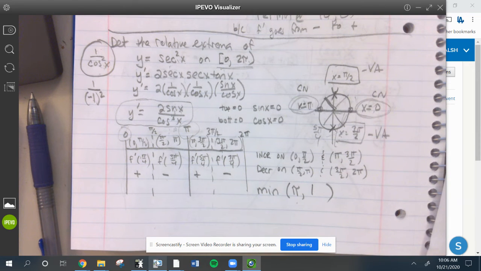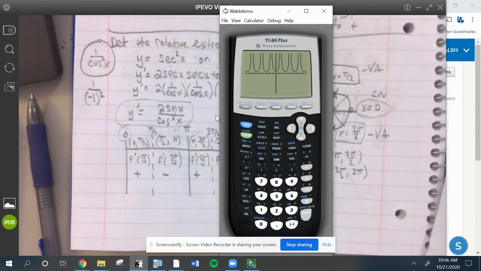We're going to look quickly at the graph. I have it graphed right here. When you graph secant squared, just graph it as 1 over cosine quantity squared. I'm going to change my window. I know I'm only going from 0 to 2 pi, so that will get rid of all the other stuff.